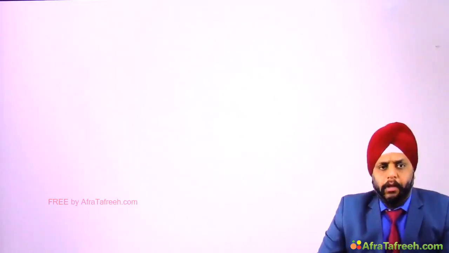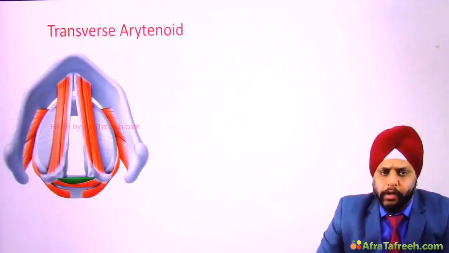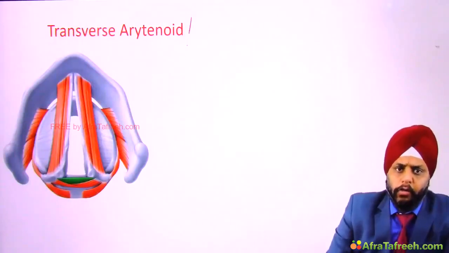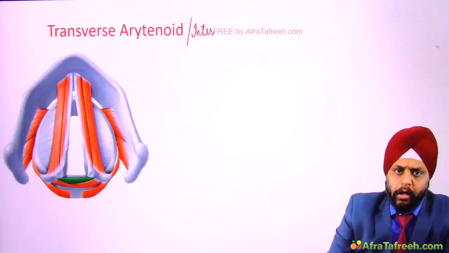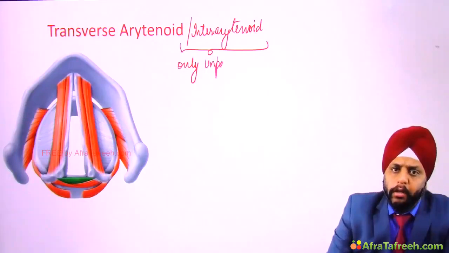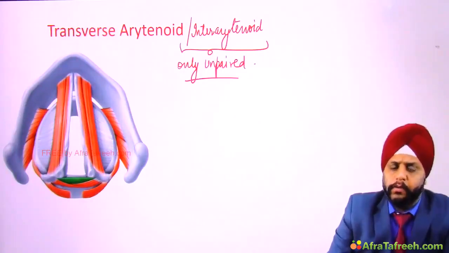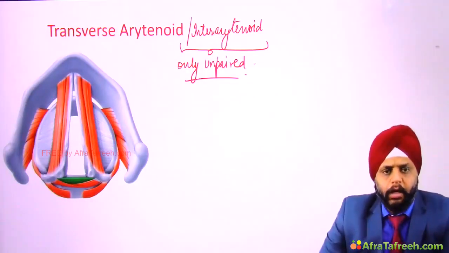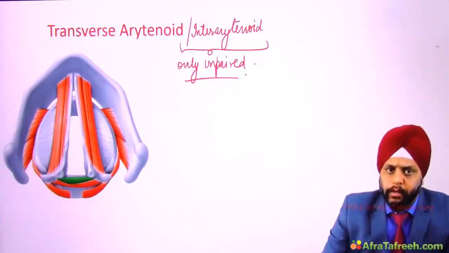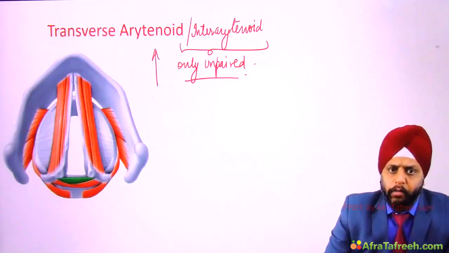Now, let's look at the transverse arytenoid. The transverse arytenoid is also known as the interarytenoid. It is between the two arytenoids. And as I told you earlier, this is the only unpaired intrinsic muscle. You see it has bilateral innervation. It is supplied by which nerve?